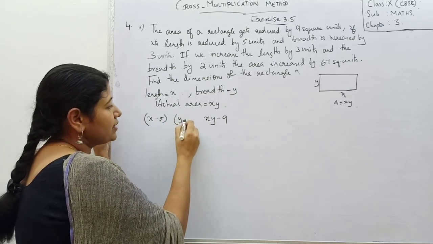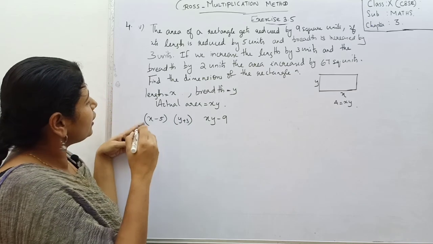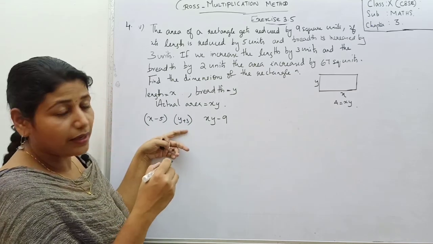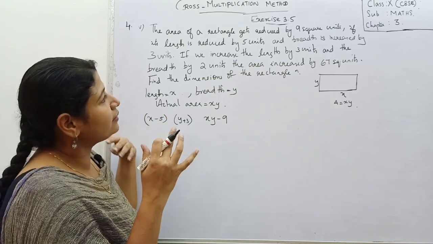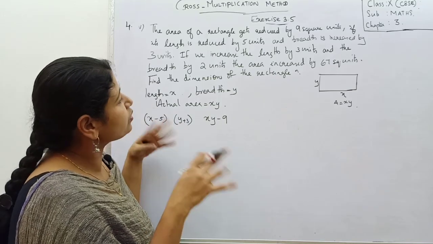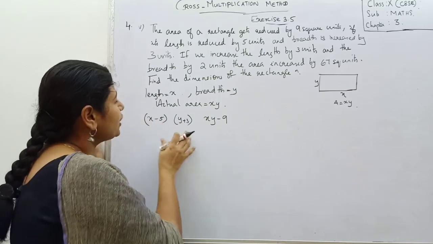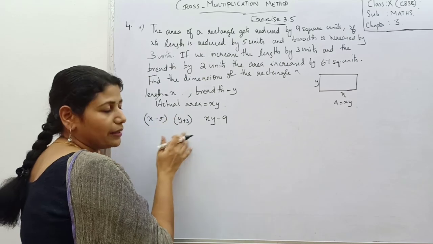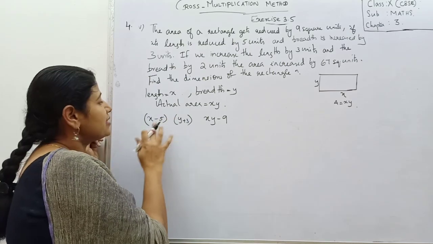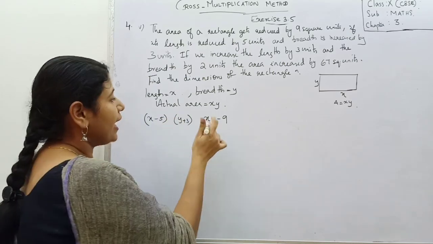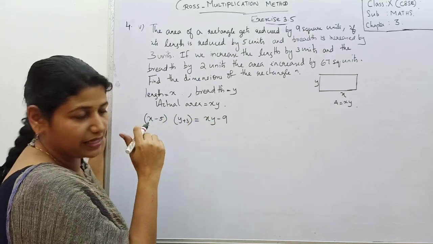After reducing the length and increasing the breadth, you will get an area which is less than the original area by 9. So the new area is x minus 5 into y plus 3, since this is the new length and this is the new breadth. And the new area will become xy minus 9.